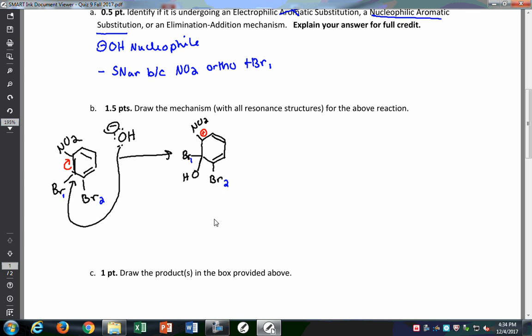So that puts, I just put a positive charge, it's not a positive charge. That puts our carbanion at that position. And let me draw out the NO2, because that's going to be relevant.